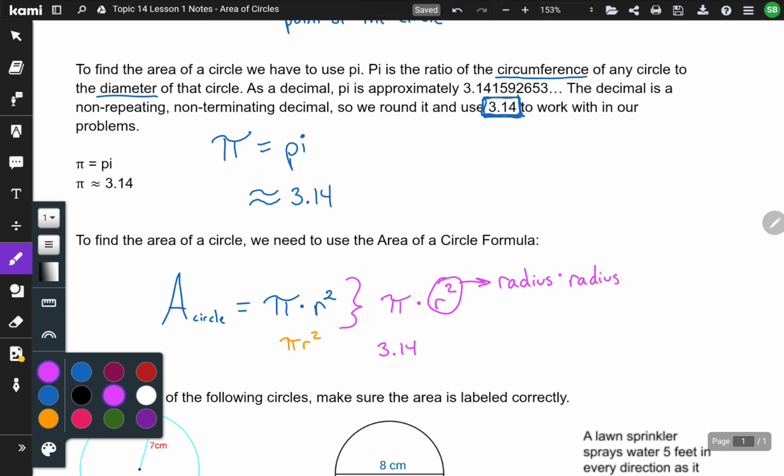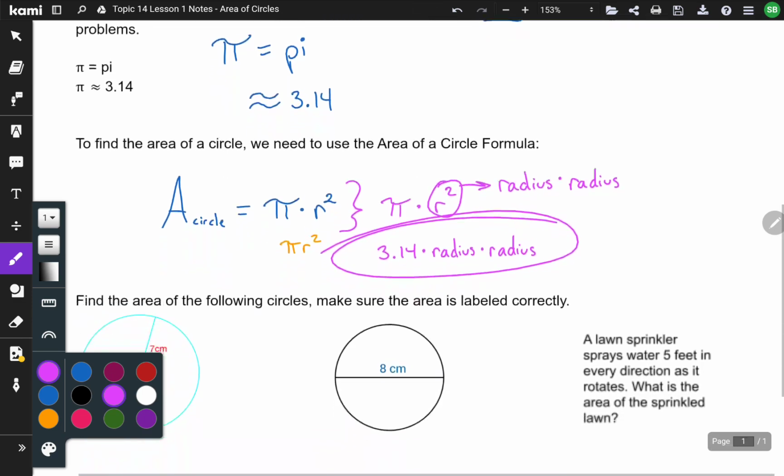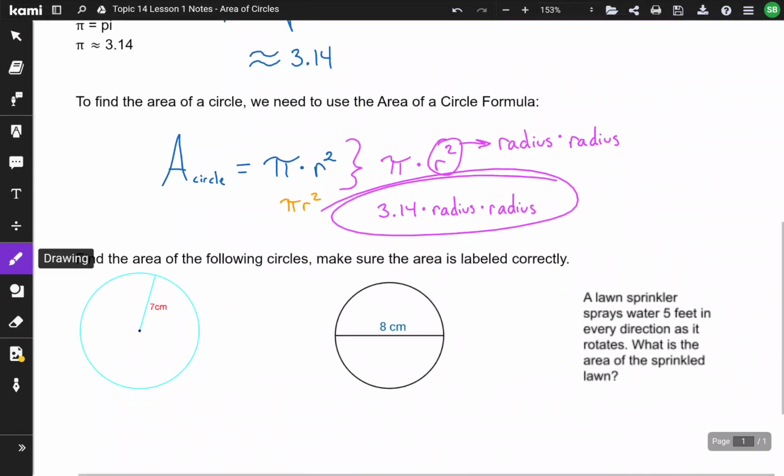So r squared is going to be 3.14 times the radius times the radius. That is our formula. This is your best friend for this assignment because we're finding the area of circles. So I'm going to take 3.14 times whatever the radius is. Now let's look at our first example here.